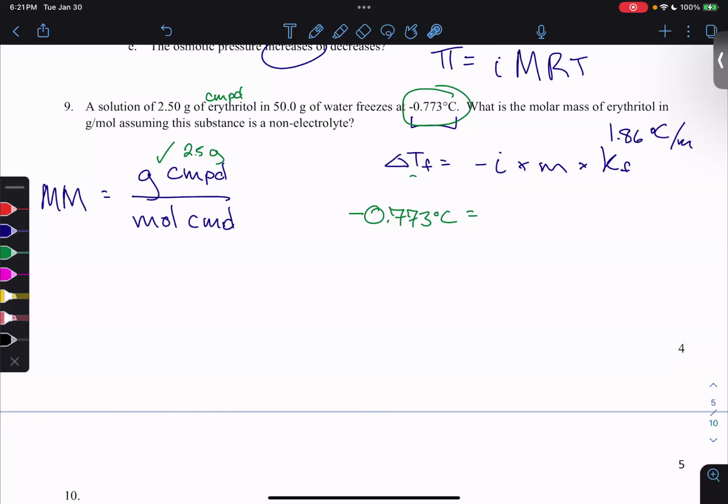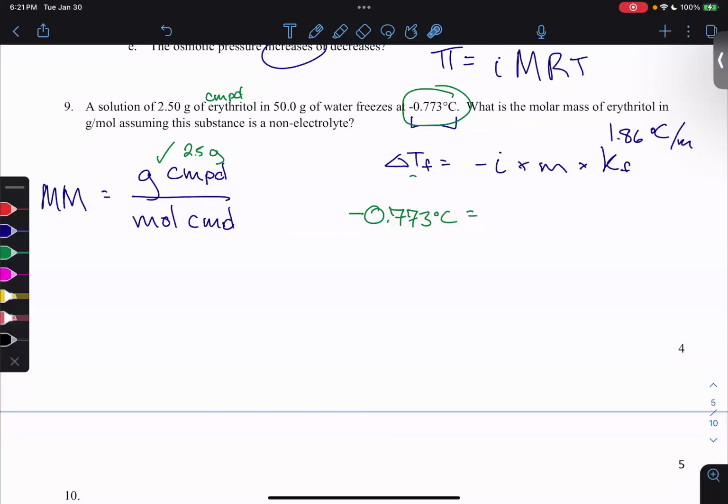Yes, because when you put NaCl in water, those don't stay together. Think about net ionic equations: NaCl splits up into Na plus and Cl minus. So if you put 1 NaCl in, you get 2 ions out. So the Van 't Hoff factor for a salt like NaCl is 2.